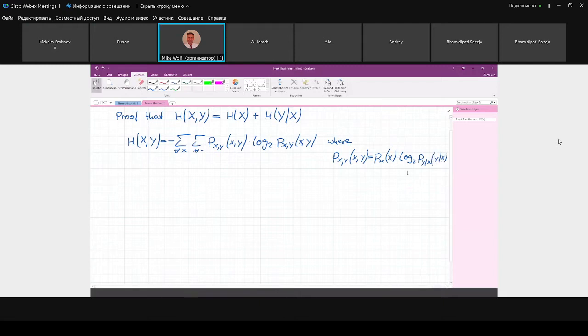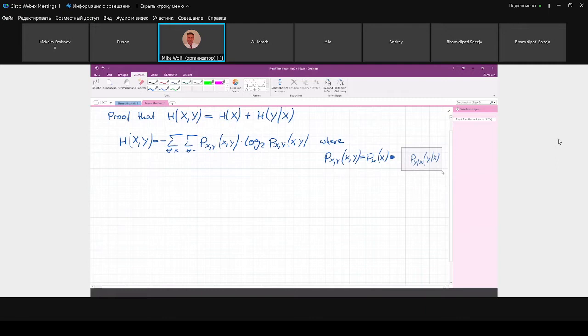So what's the probability of a certain combination of the values x and y? It's the probability of this concrete value x multiplied by the probability of y given this x value. Sorry, I wrote a log 2 there, which is nonsense; I just moved this to the left. So this is, of course, the joint probability. And now we insert this in this equation here.